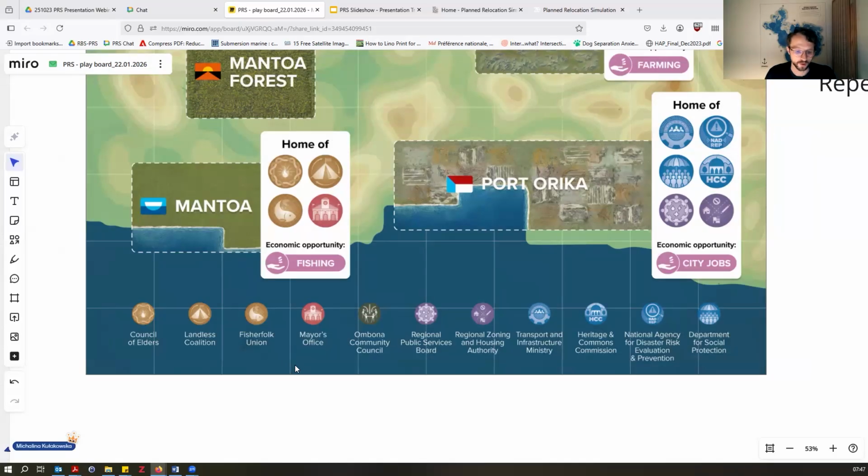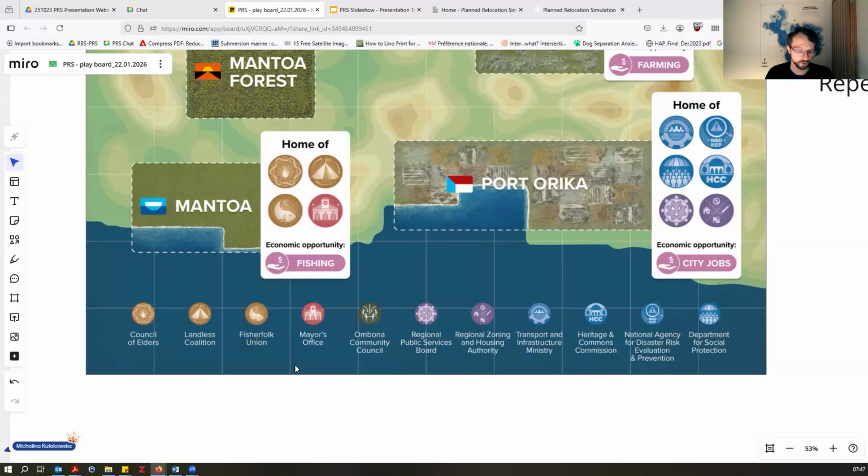Each of them has slightly different goals. One of the main messages we heard during the design of the simulation is that communities are not just one entity, they're not homogeneous. Actually, they have different interests within them. And this is what these four roles are meant to represent.